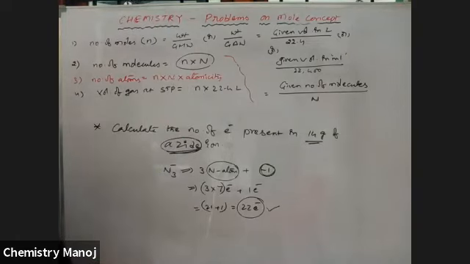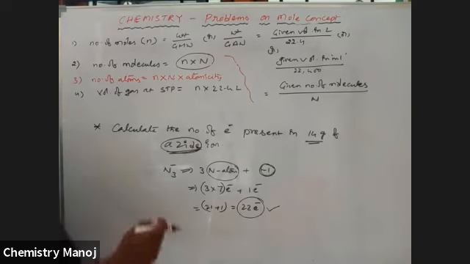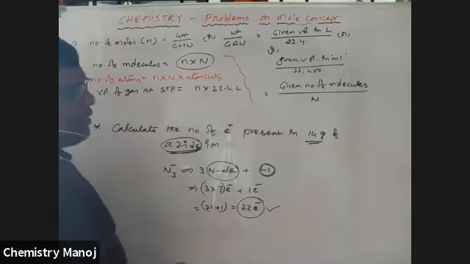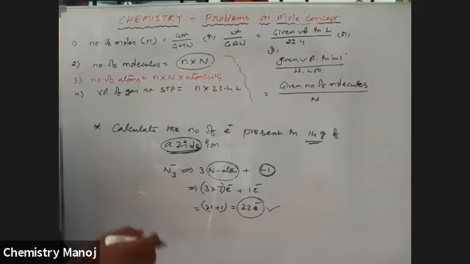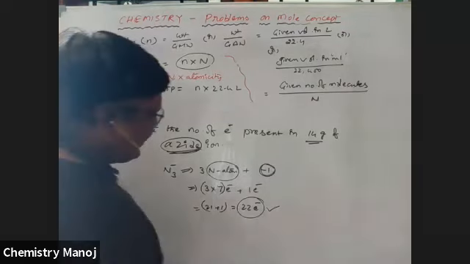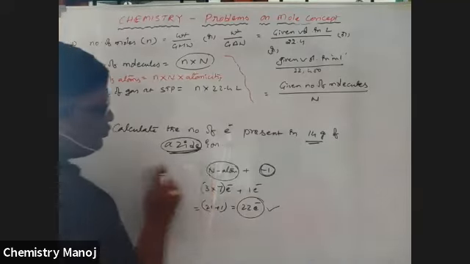Just like molecules, calculate ions. Number of molecules is equal to small n into capital N. Small n is weight by atomic weight, or weight by molecular weight, or weight by ionic weight. If ions are given, ionic weight is used. Once again, mind it, one azide ion contains 22 electrons. Please remember.